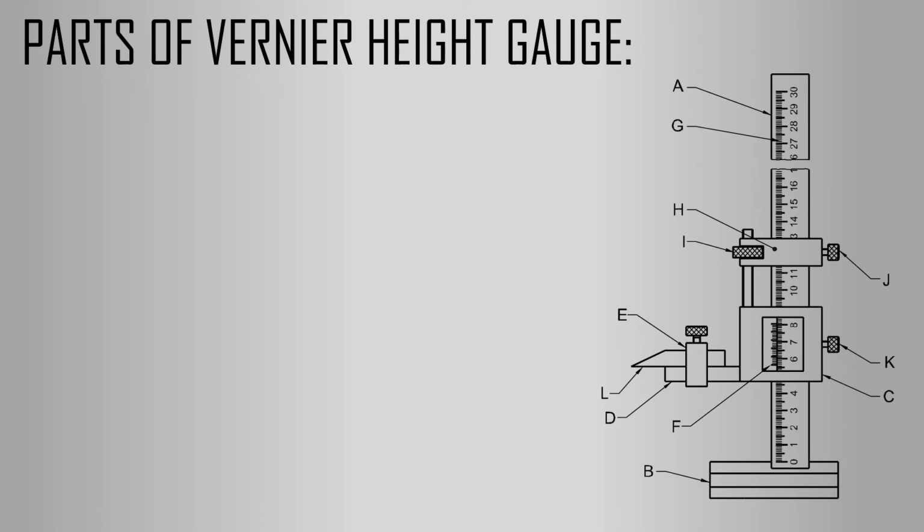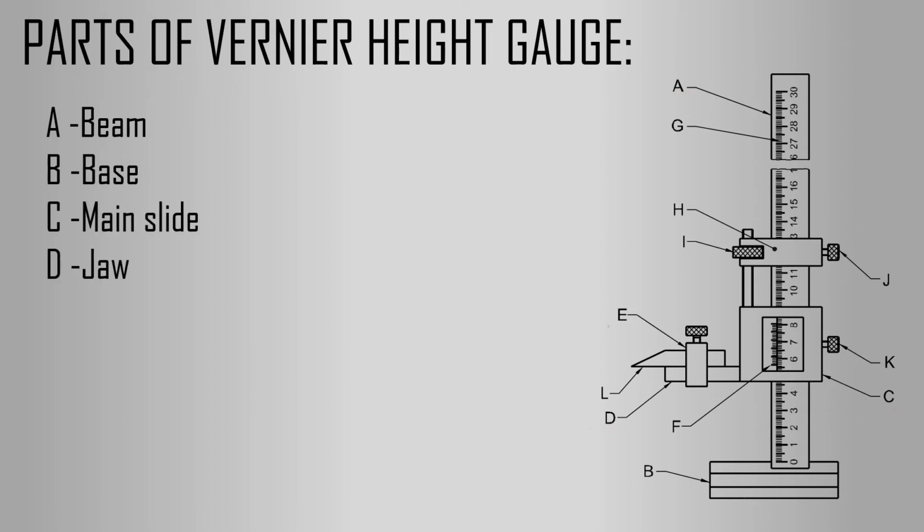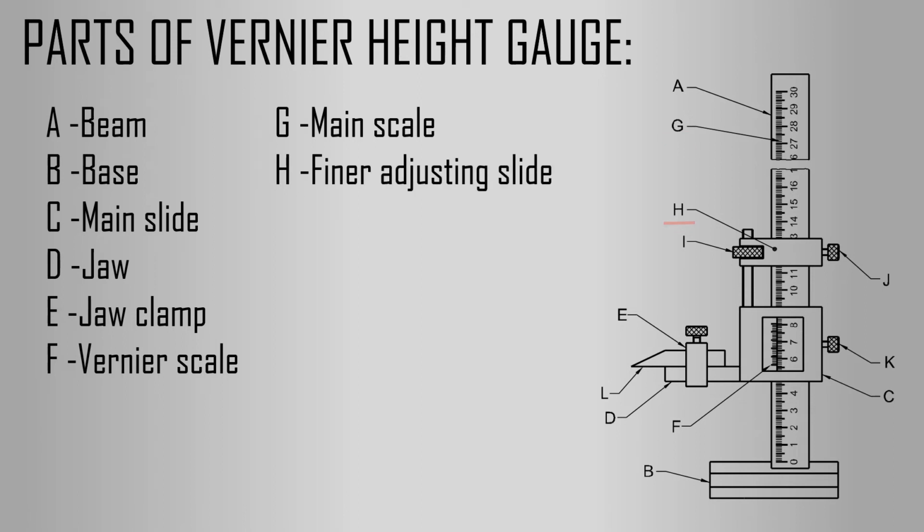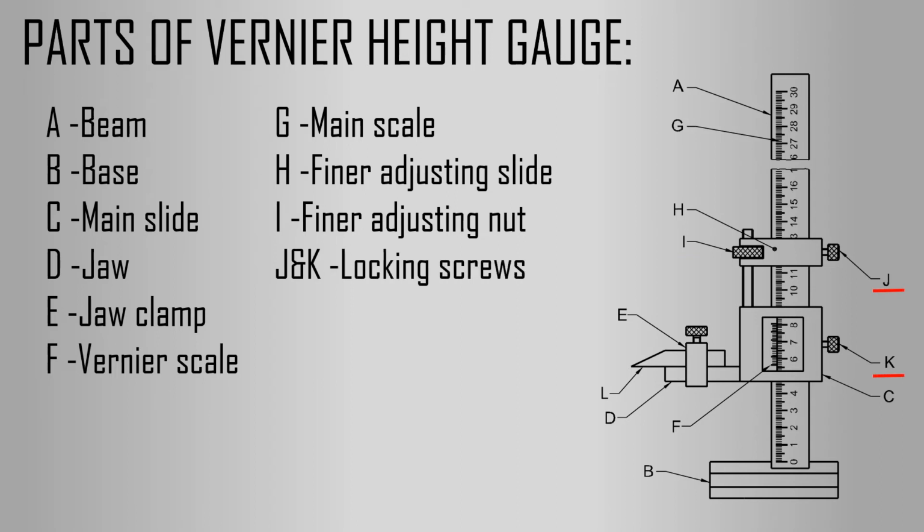The parts are beam, base, main slide, jaw, jaw clamp, vernier scale, main scale, finer adjusting slide, finer adjusting nut, locking screws, and scriber blade.